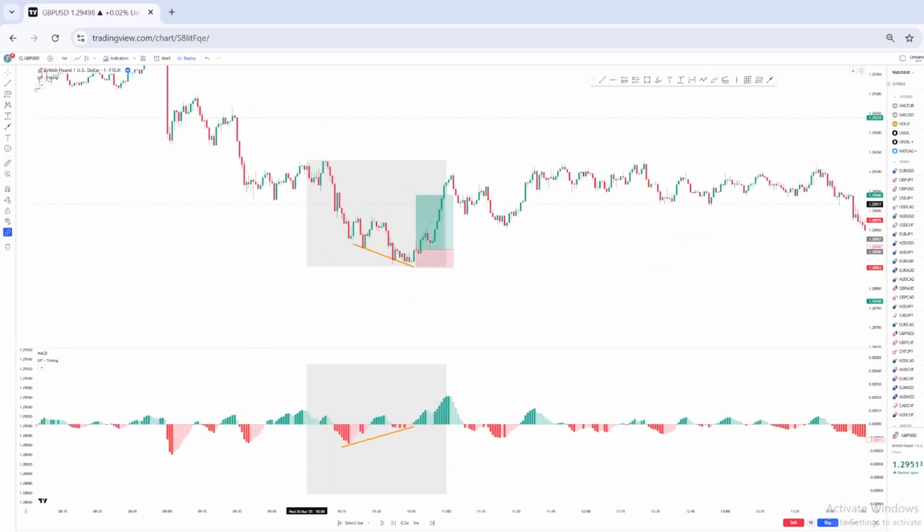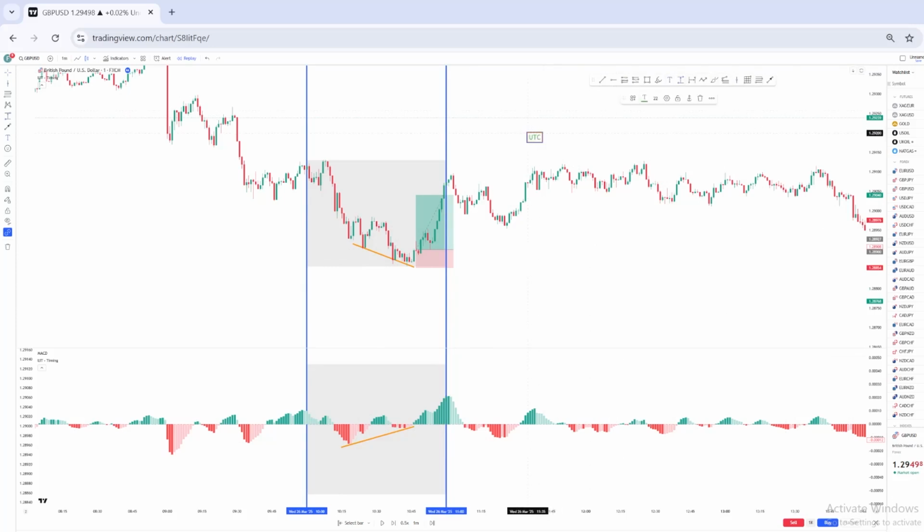And by the way, the times for me, I am on UTC +2, so UTC +2 Riga time.